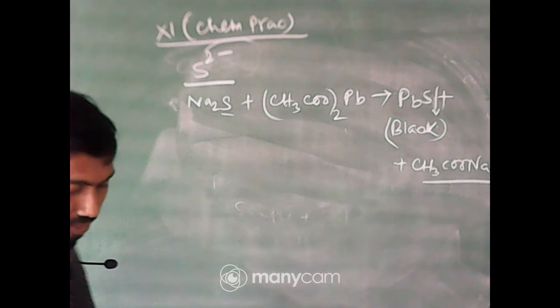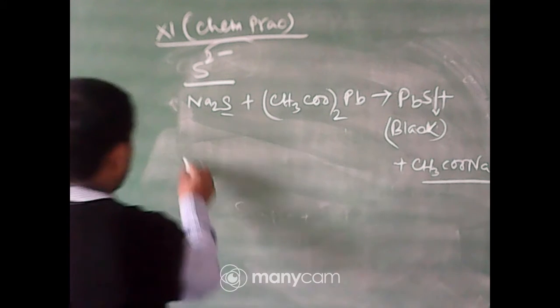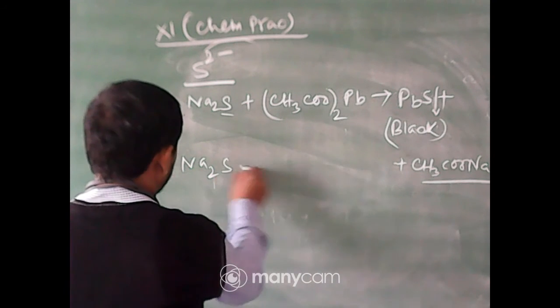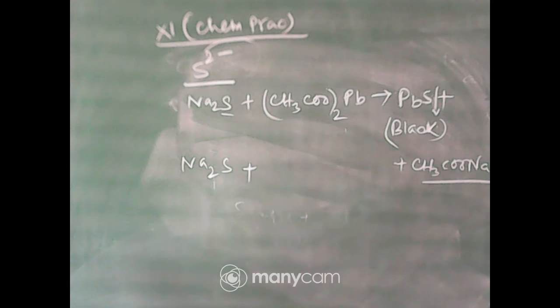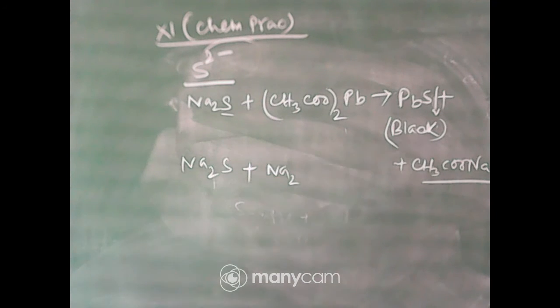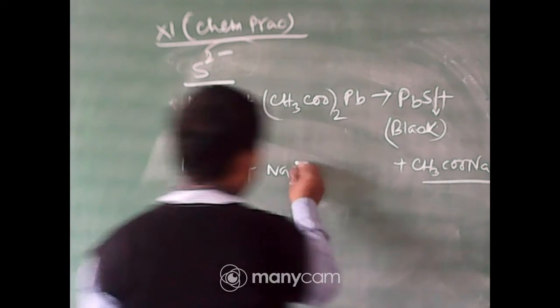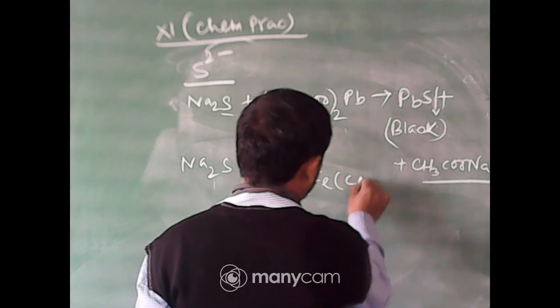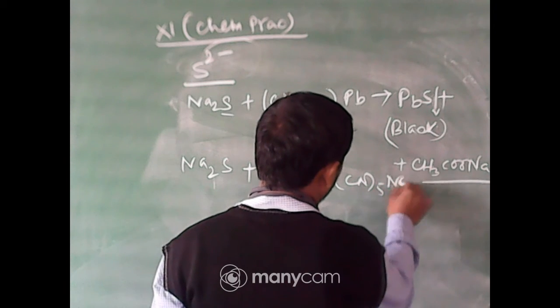Nitroprusside, the reaction is that, suppose sodium sulphide is taken as an example and nitroprusside, it is having a complex formula Na2[Fe(CN)5NO].